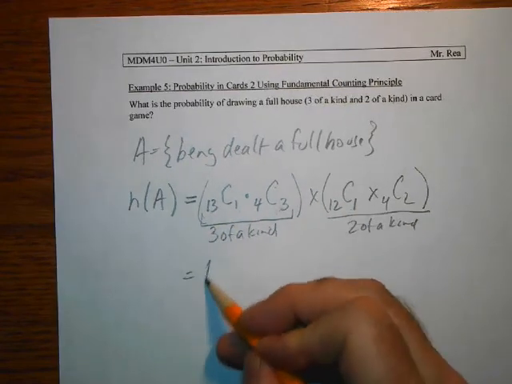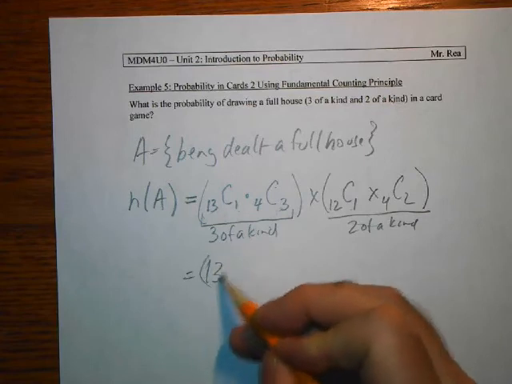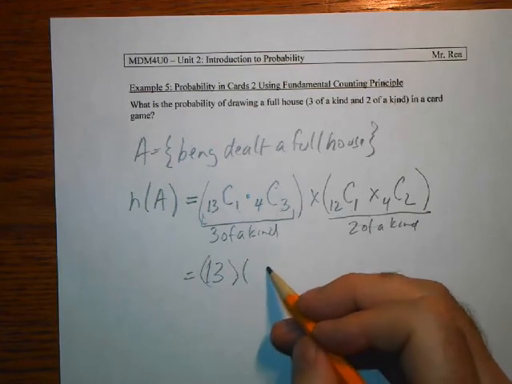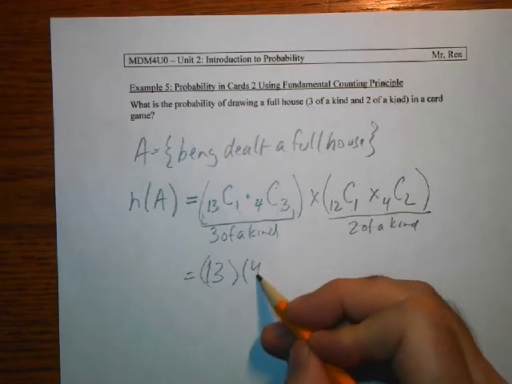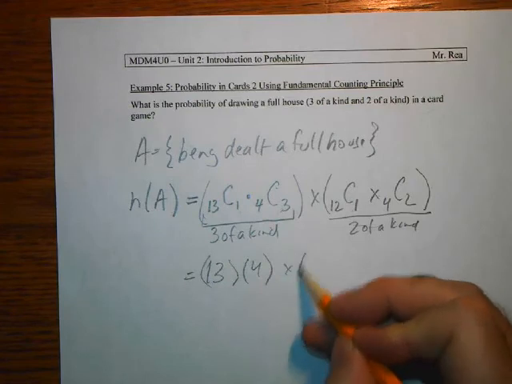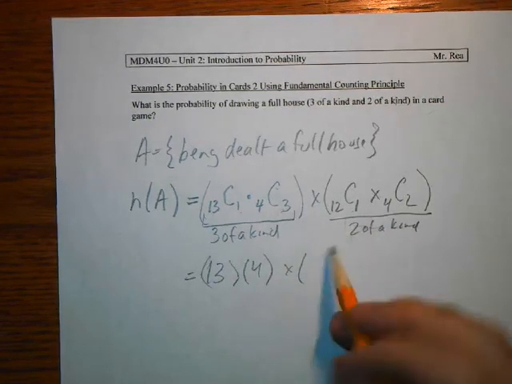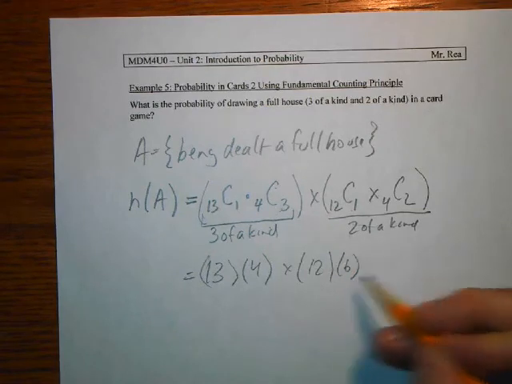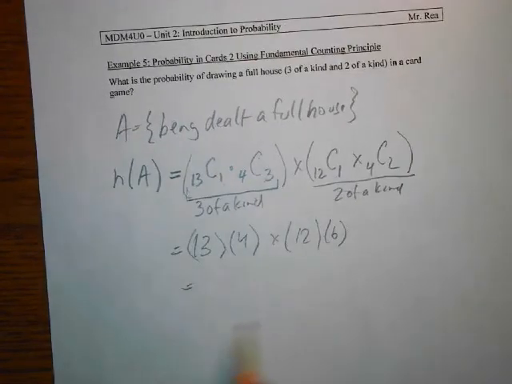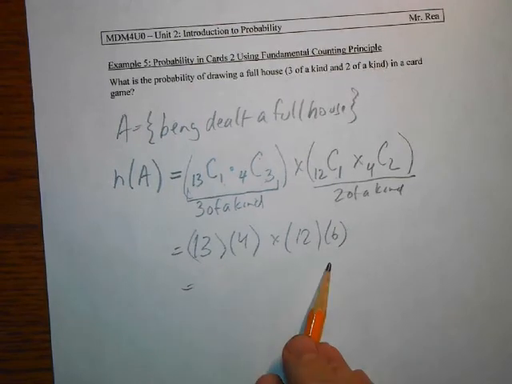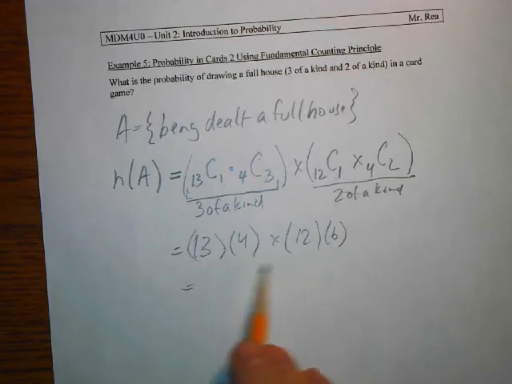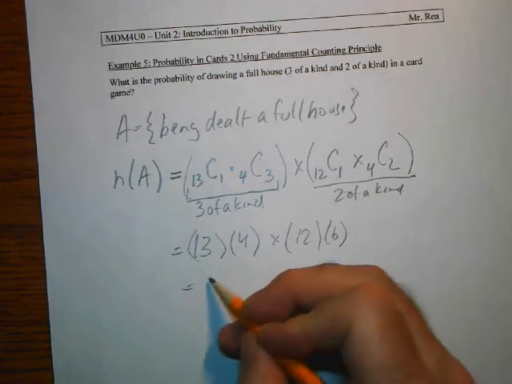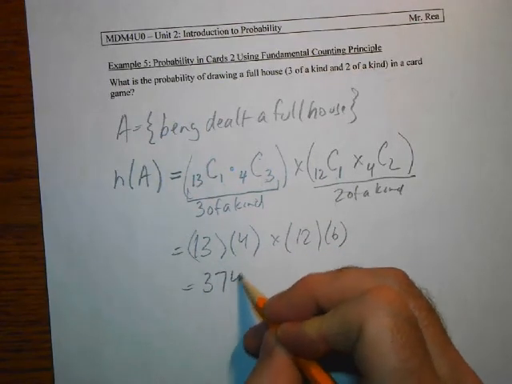That's a 13. 4 choose 3 is 4. And then I have 12 choose 1 is 12. 4 choose 2, that's actually 6. Okay, so that's 52 times 72, so that's 3744.